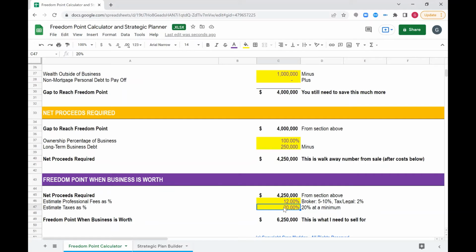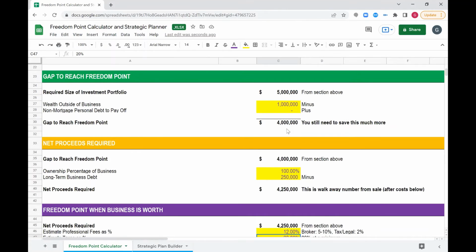Once I get it started with the business owners, oftentimes we are bringing their professional advisors in to dial these numbers in very quickly as part of an integrated, very holistic plan. So in this example, we know that we need to sell it for 6.25, pay taxes and fees, pay off some long-term business debt, and have enough walk-away money to get to the 5 million that they need overall.